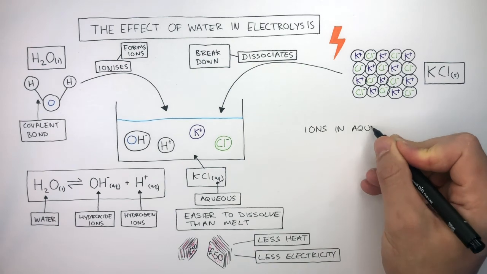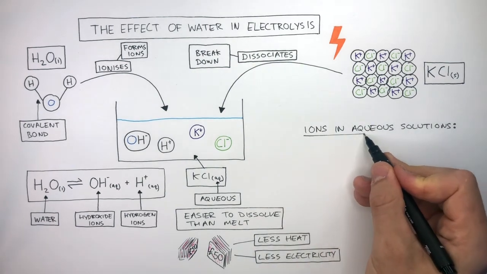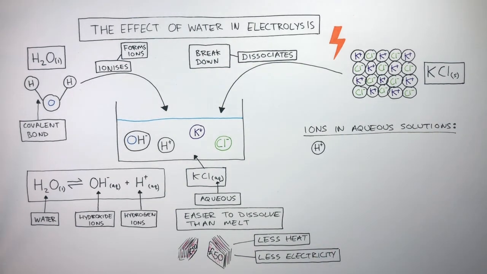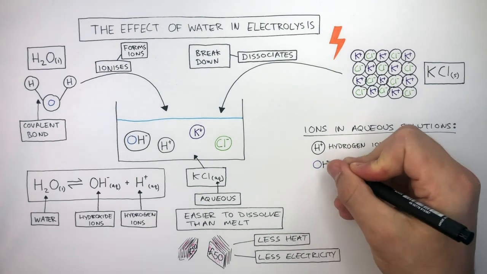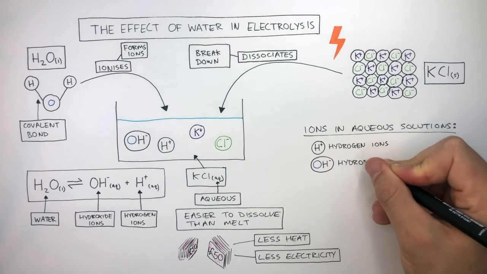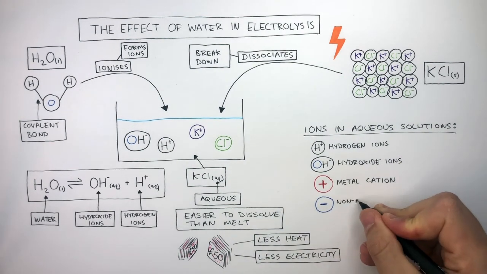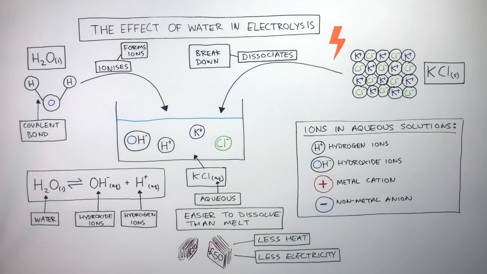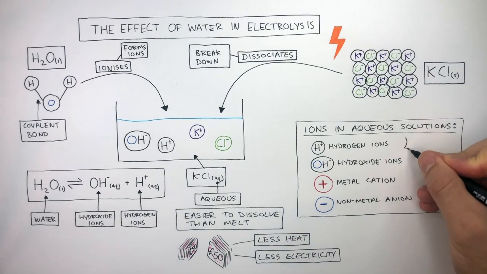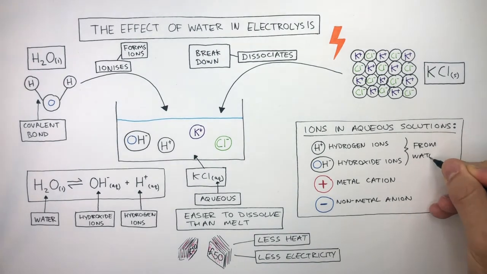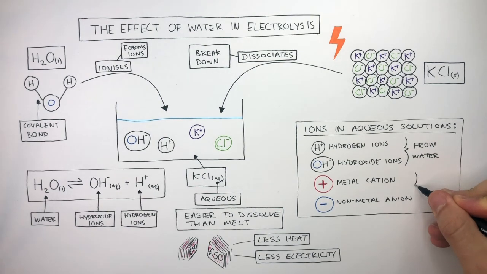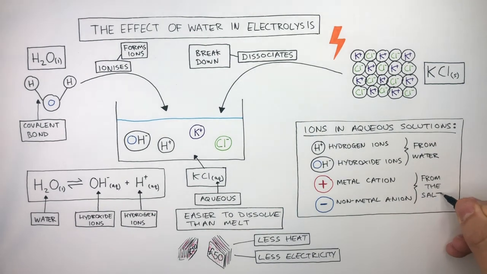The ions in aqueous solutions which are always present are H+, hydrogen ions, OH-, hydroxide ions, positive metal cations, and negative non-metal anions. The hydrogen and hydroxide ions come from water, and the metal cation and non-metal anion come from the salt.